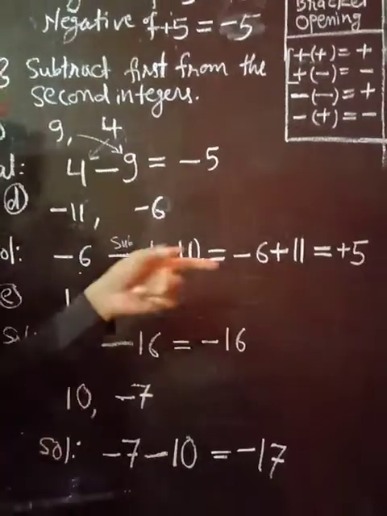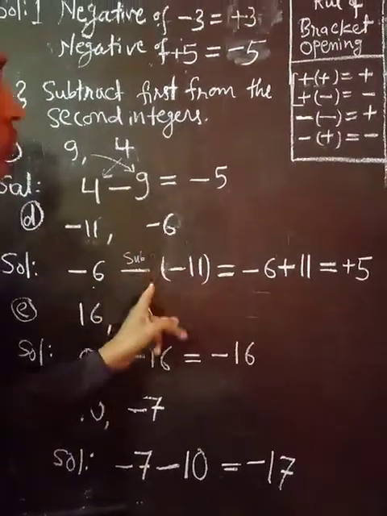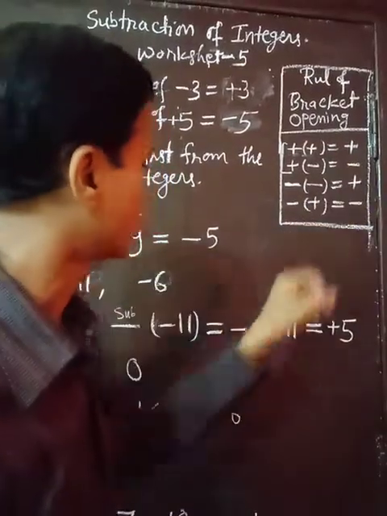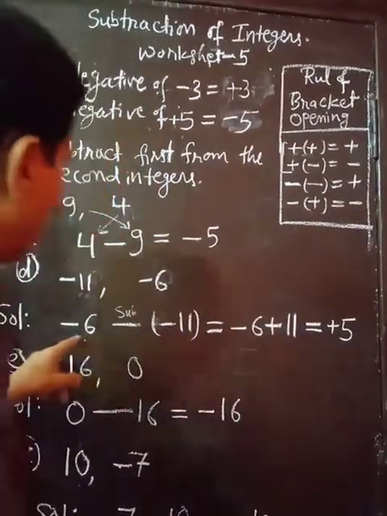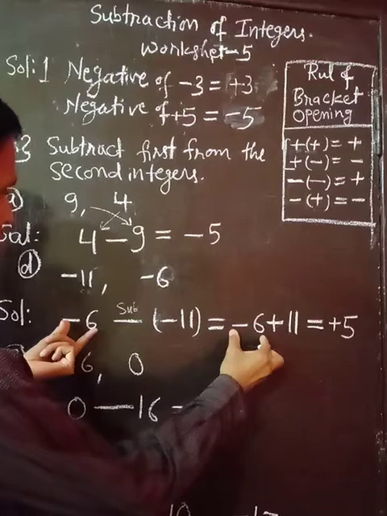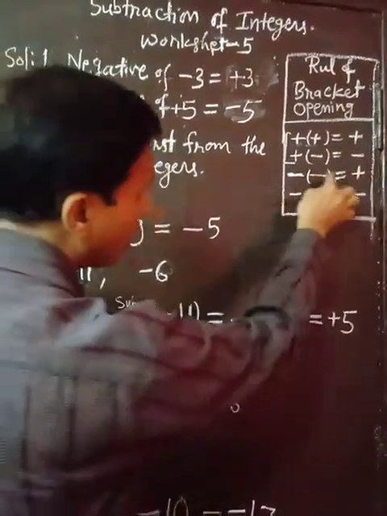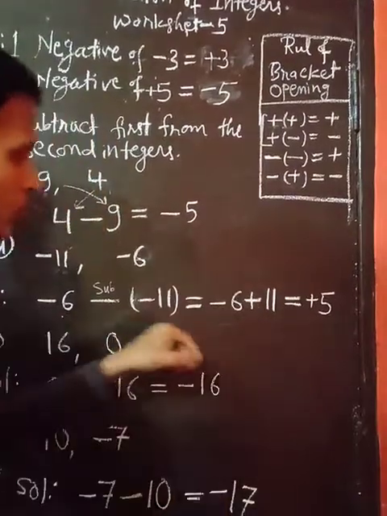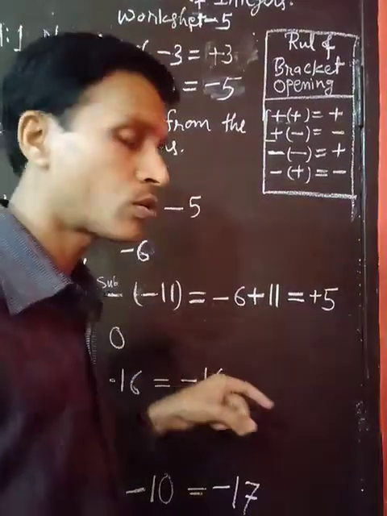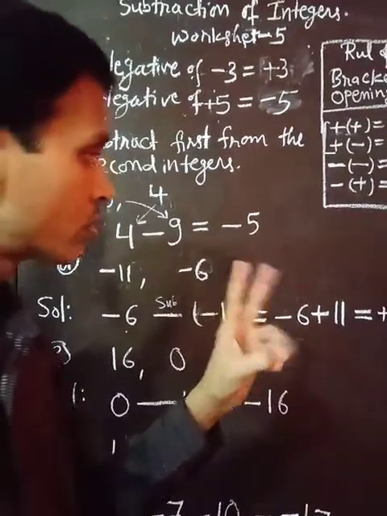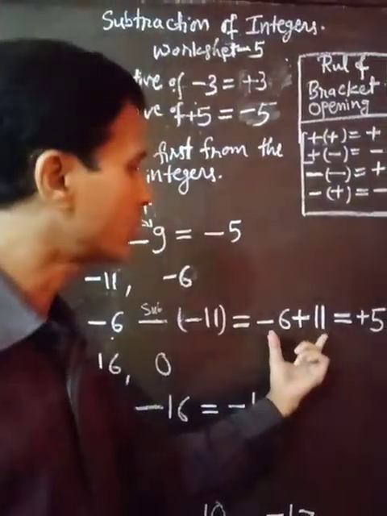Now solve this question. Here a bracket is there. So for opening the bracket, negative of negative will be positive. So this minus 6 is as it is written, and this negative of negative will become positive by the bracket opening law. And here which rule will we follow? Remember I have given two rules for finding the sum of integers.